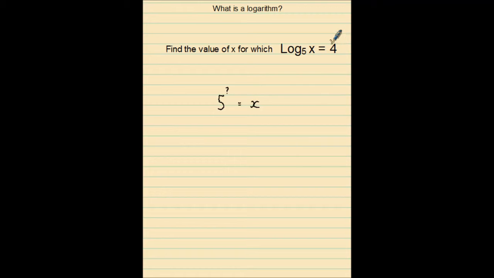And it's telling me that the answer of that index is 4. So now it's told me, and so I can just evaluate this. 5 to the power 4.